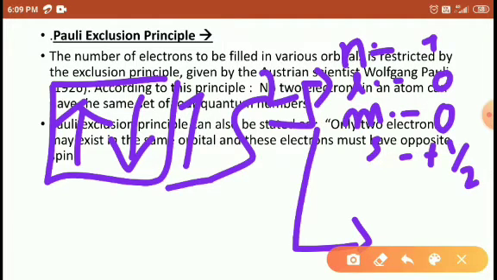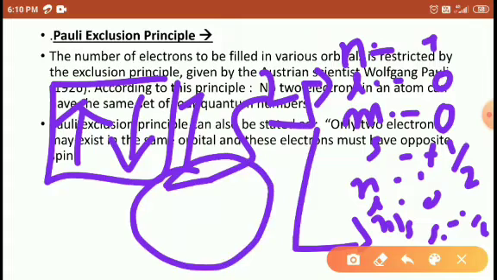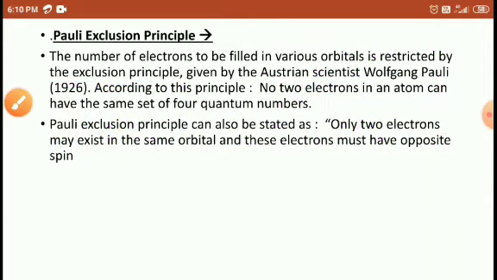In the second case, similarly, 1, 0, 0, and the spin is not plus, it is minus half, because if one electron rotates in the clockwise manner, the other rotates in the anti-clockwise manner. That's why their spin is not the same in the set of four quantum numbers.